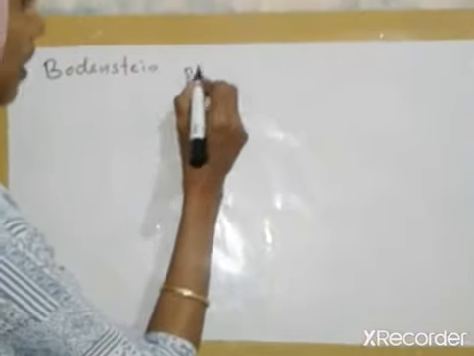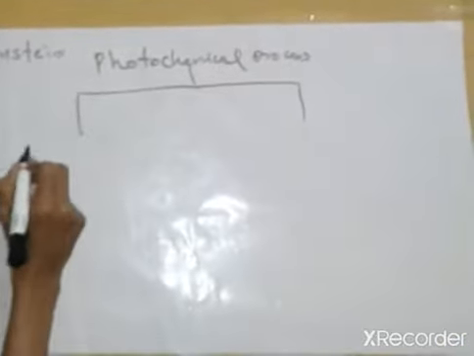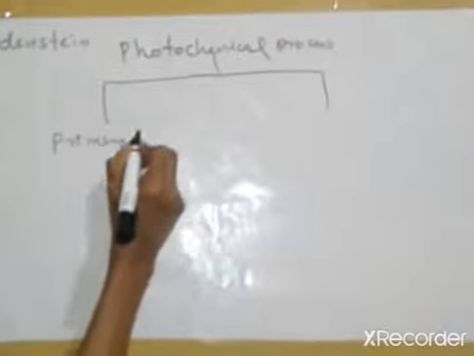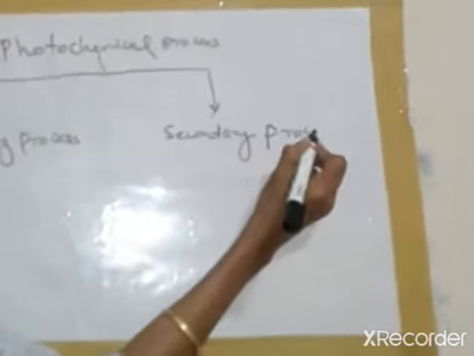To explain this, Bodenstein proposed that a photochemical reaction involves two processes: a primary process and a secondary process.